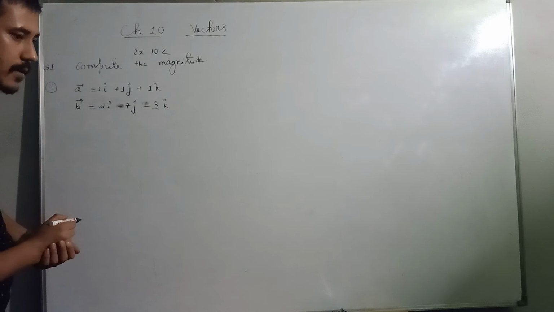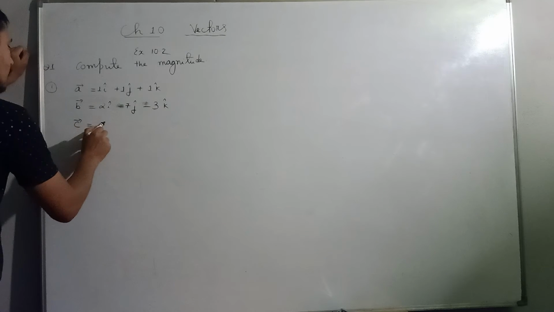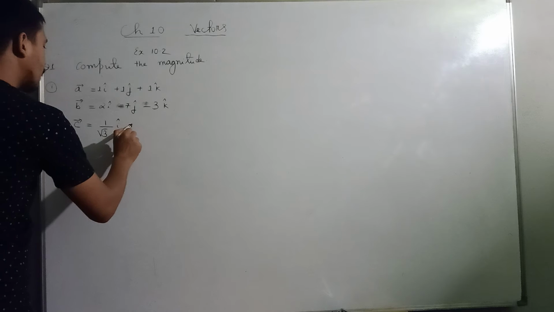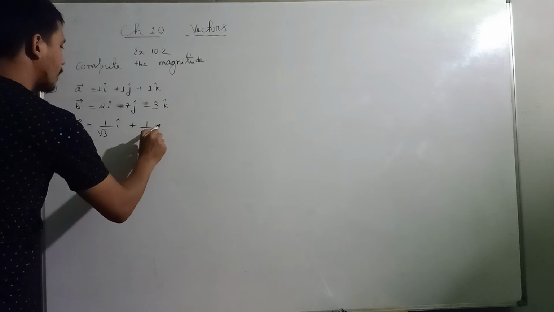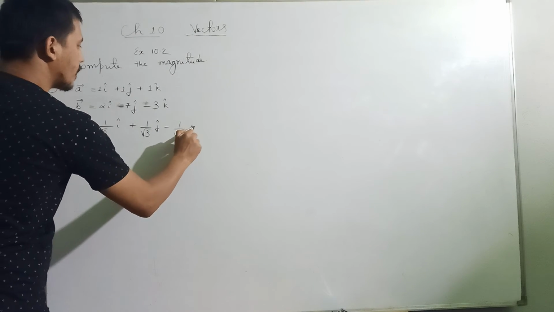So we want to find out the magnitude of the given vectors. Vector C is 1 by square root of 3 i cap plus 1 by square root of 3 j cap minus 1 by square root of 3 k cap.